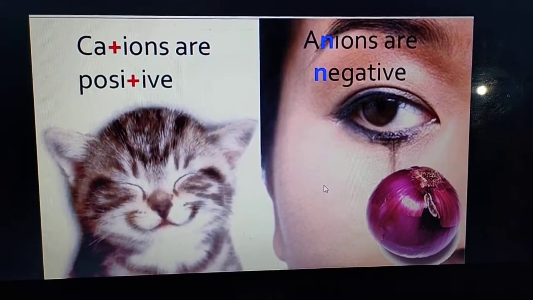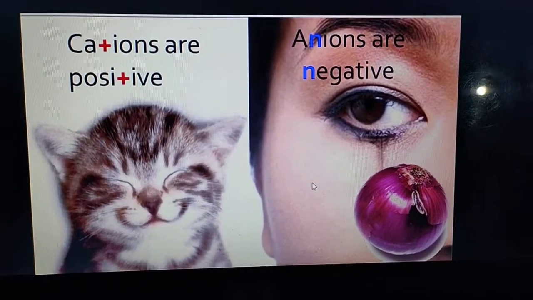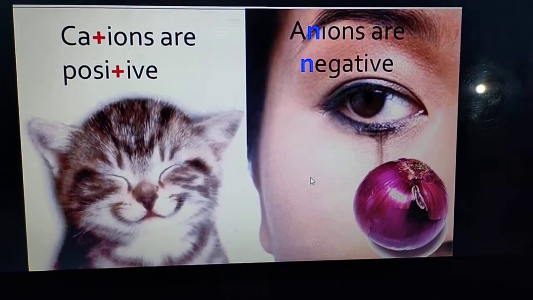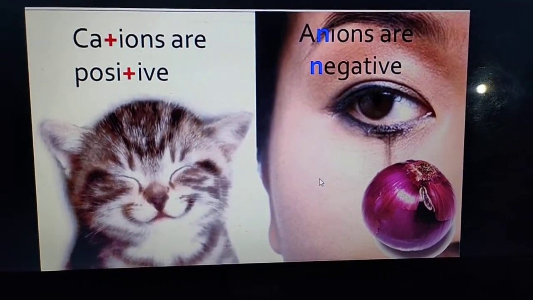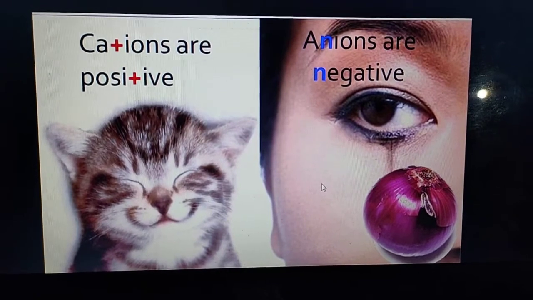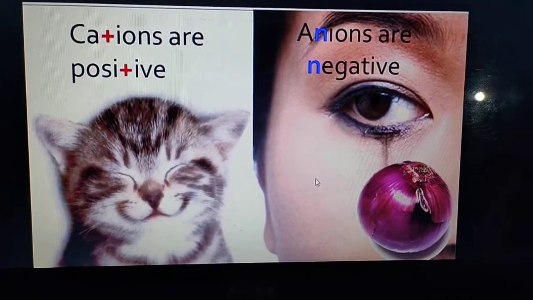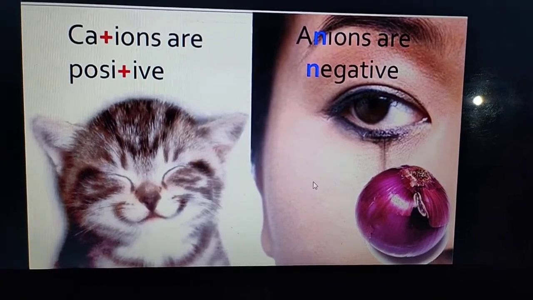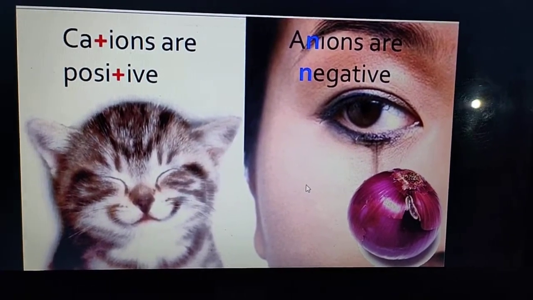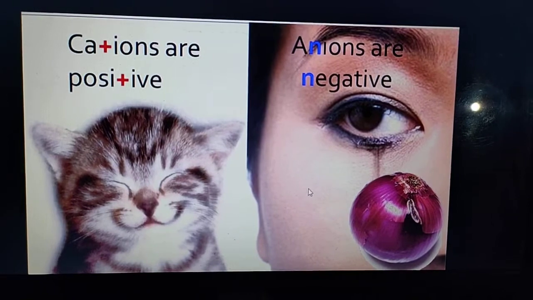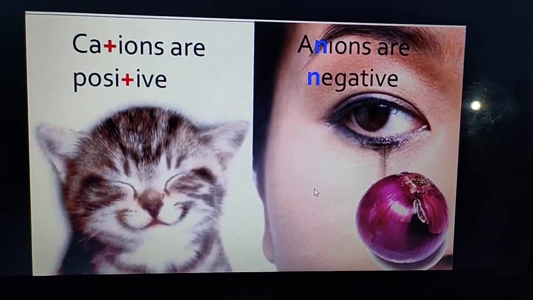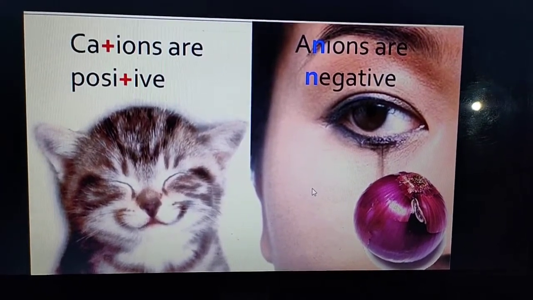You can remember this like cations are positively charged ions. How? Remember the T of cations. It reminds you that cations are positive. And one more thing, like cats give us positive vibes. So cations are positive. And what about anions? How do you remember this? Remember the N of anion.